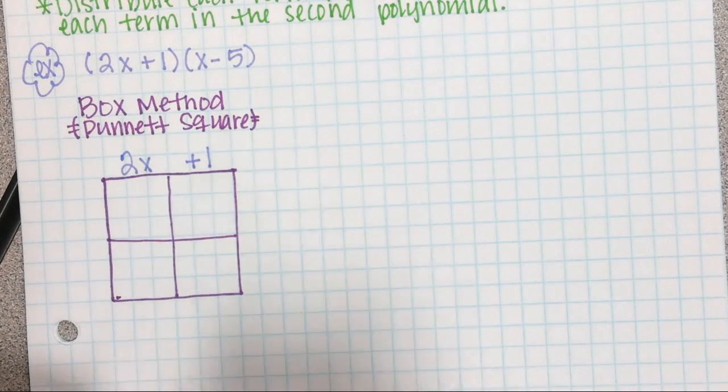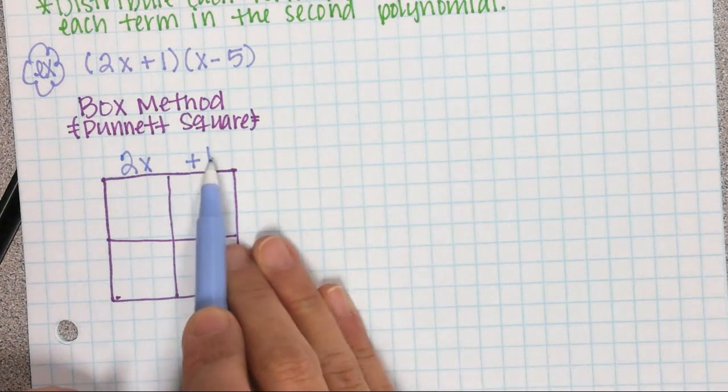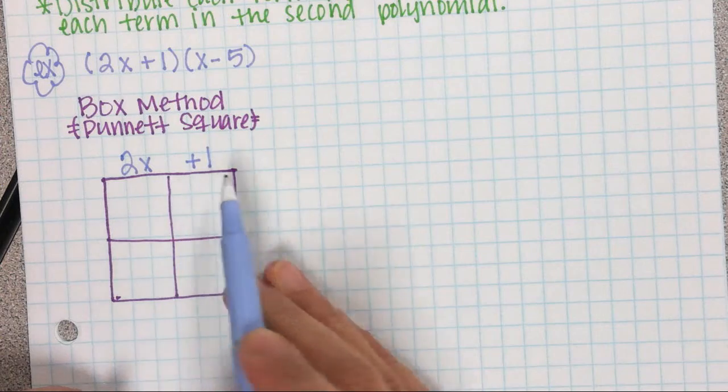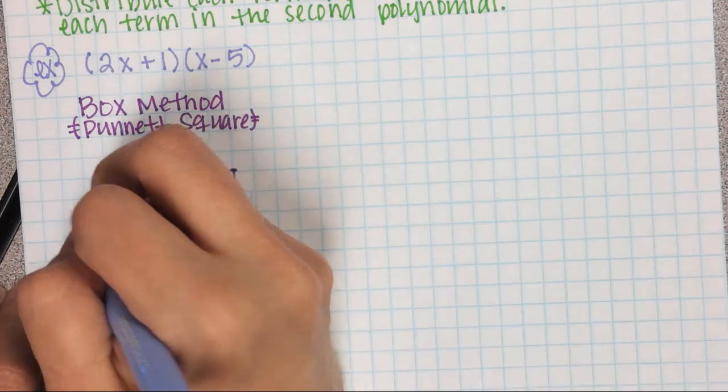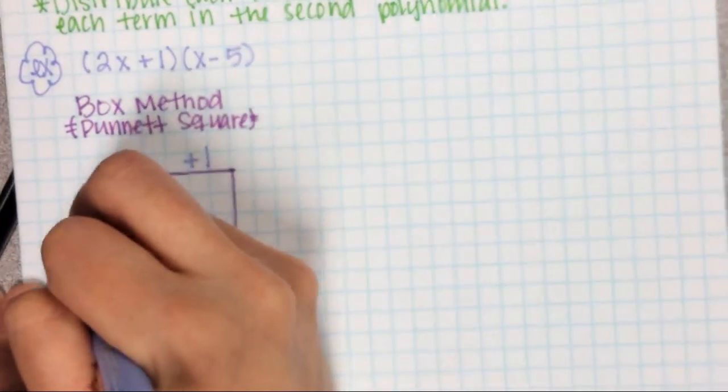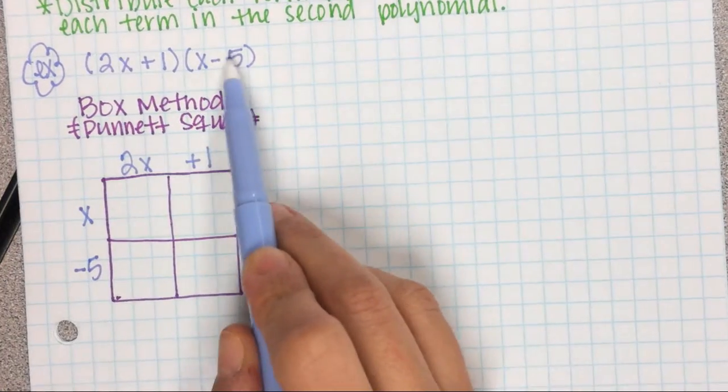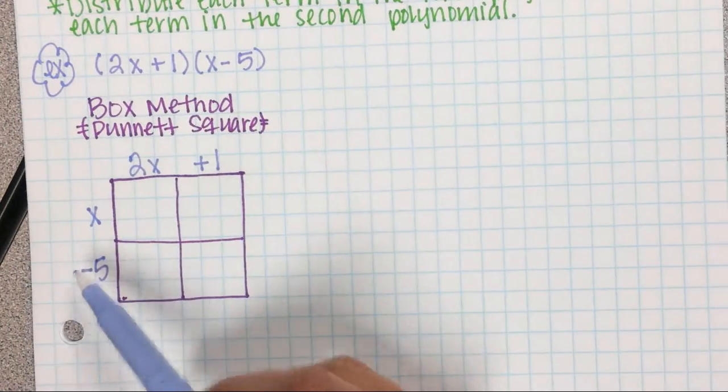So I'm going to put this on top. Notice how I took the sign with it, just so that I remember it's a positive 1 when I'm doing this. And now this on the side. Again, I took the sign with my second term, so I know it's a negative 5.